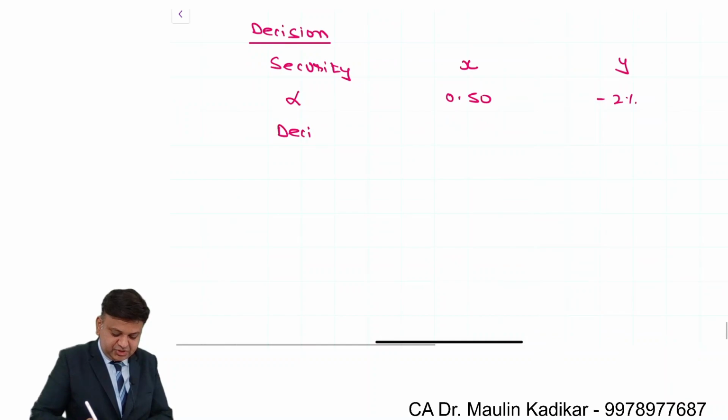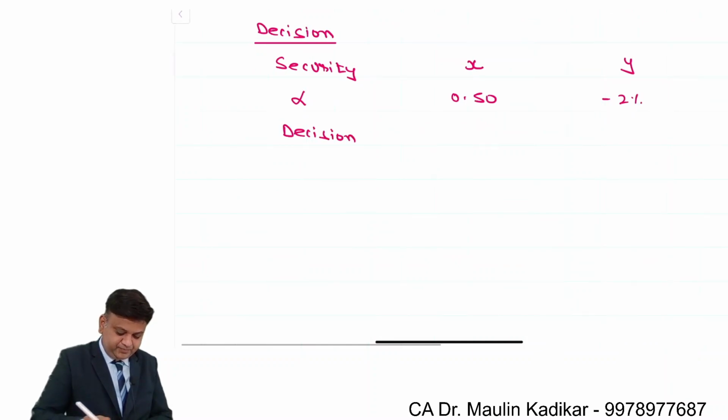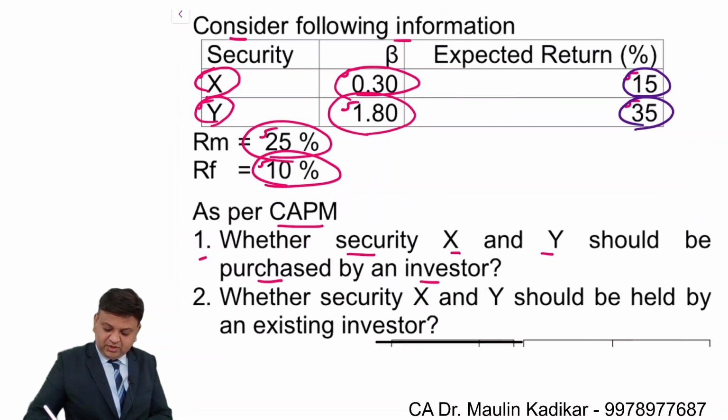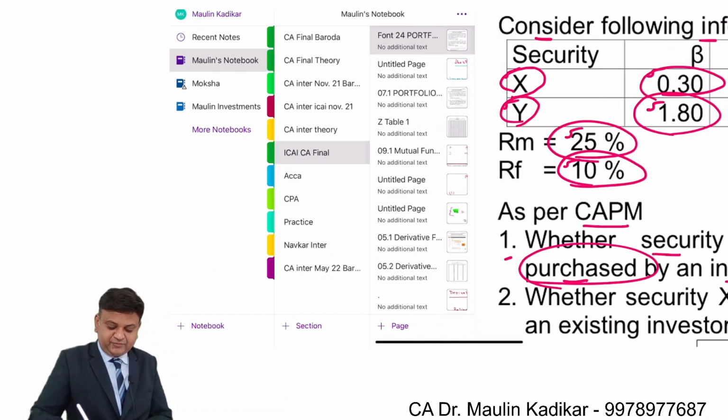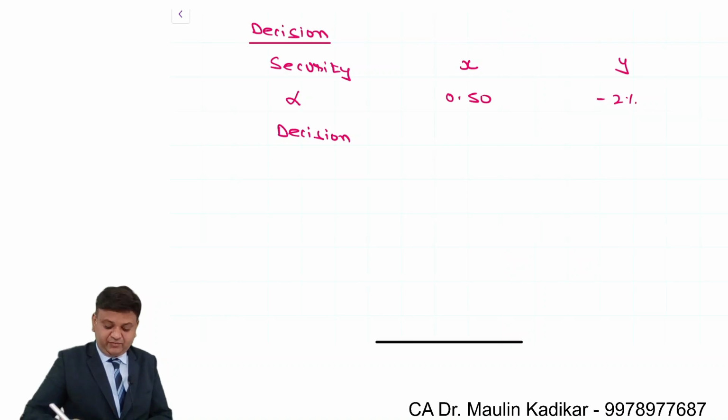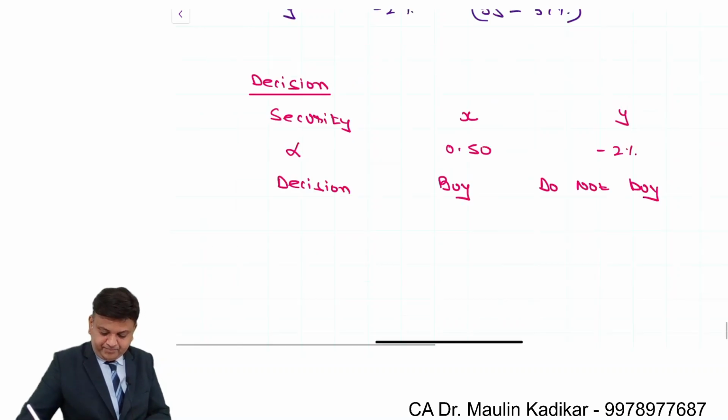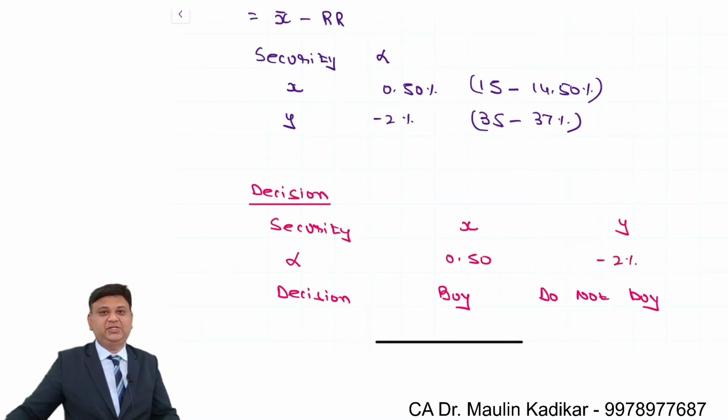The question says you are required to decide whether you should buy the security. Of course the security which has positive alpha, the decision is that we should buy. And for negative, the decision is do not buy. This is the way we can take the decision for both of them.